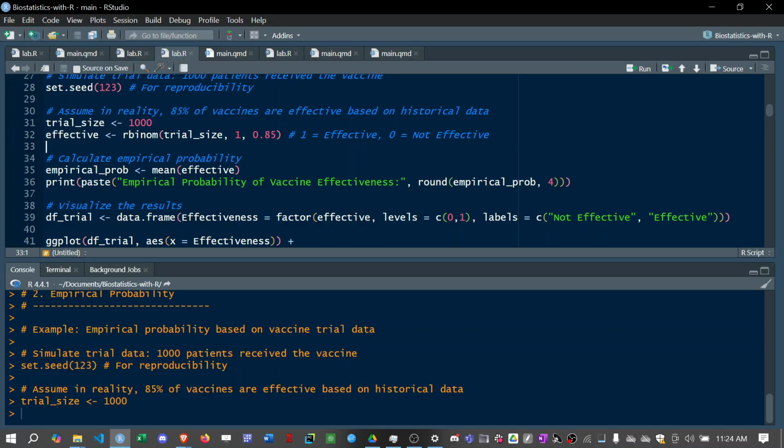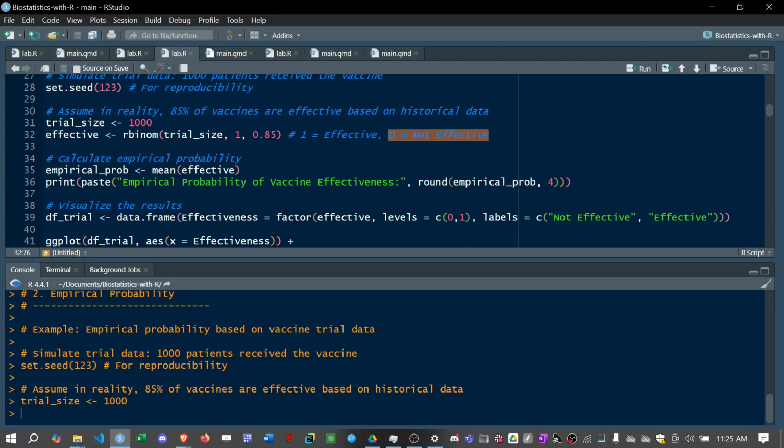Now I'm going to create a random vector of 1,000 observations, each stating whether the trial was effective or not, using the rbinom function, whereby out of this 1,000, 0.85 had 1, that is the vaccine was effective, and 0 it was not effective.